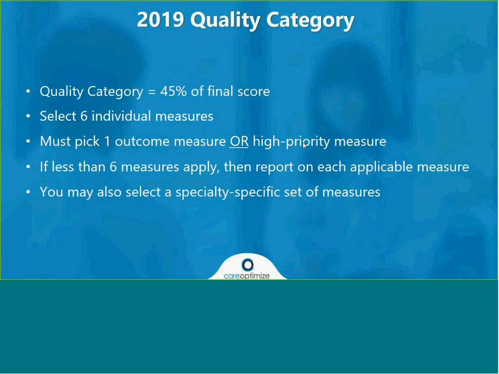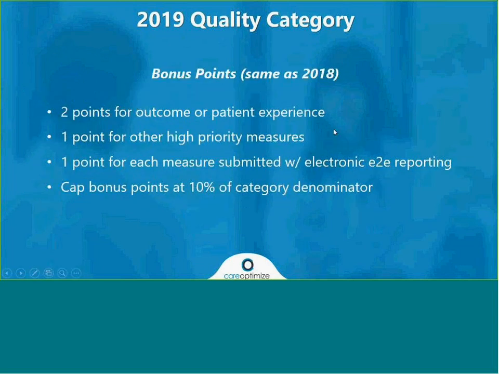You're going to, again, have to pick a high priority or one outcome, and they will also allow you to go with a specialty-specific set of measures if you need to. You are able in the quality category to earn bonus points, and the bonus points do not change from this year to next year. So those are all staying the same.